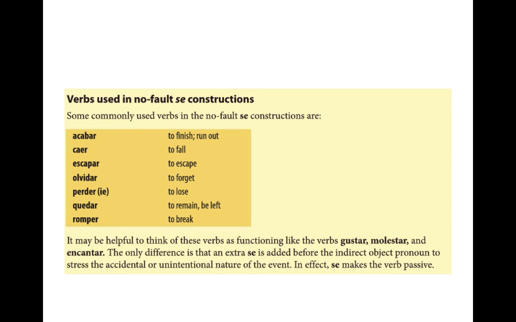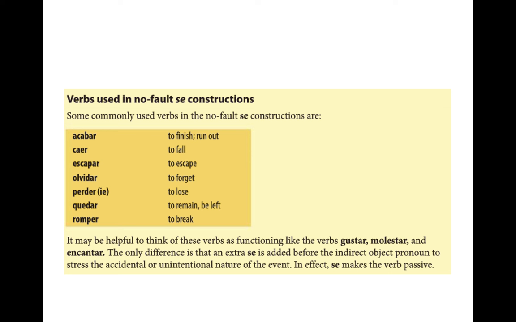These are the verbs that are used in no-fault SE constructions often. Acabar, se me acabó. Caer, se me cayó. Escapar, se te escapó. Olvidar, se te olvidó. Perder, se le perdió. Se nos perdieron.